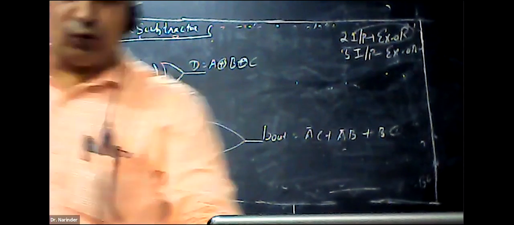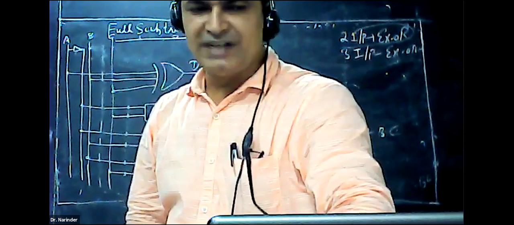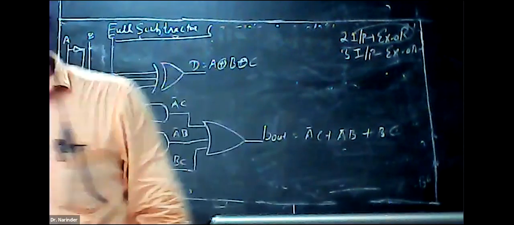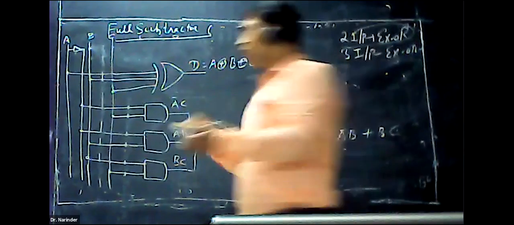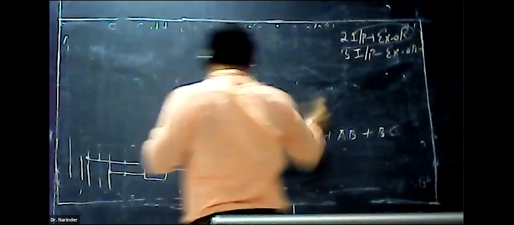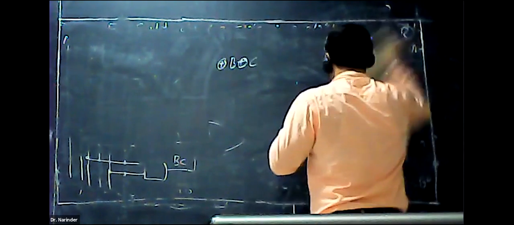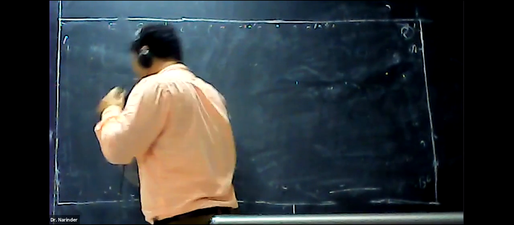If a binary code is given, we can convert it to its equivalent gray code by using a simple addition process. I repeat, this is also said to be cyclic code.